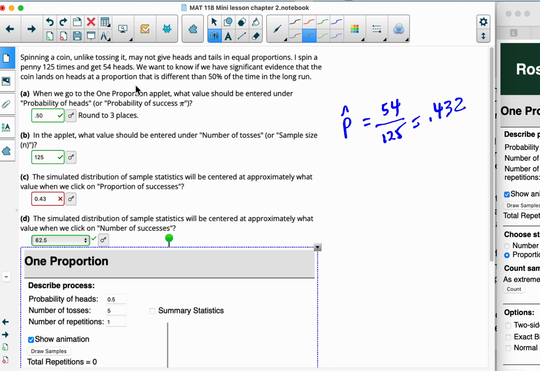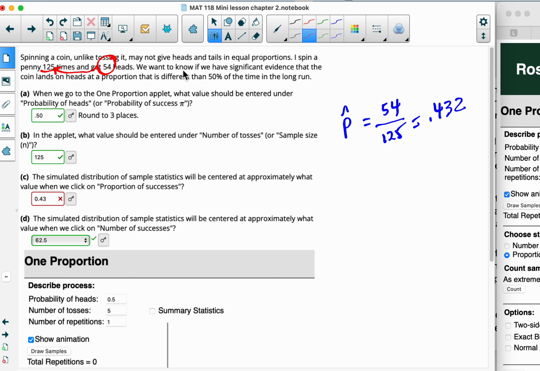Let's take a look at this actual problem here. So we have spinning a coin, and it says, unlike tossing it, we may not get heads and tails in an equal proportion. So I spin the penny 125 times, and I get 54 heads out of the 125 times.